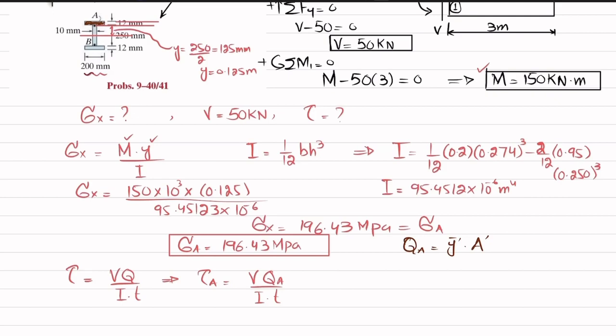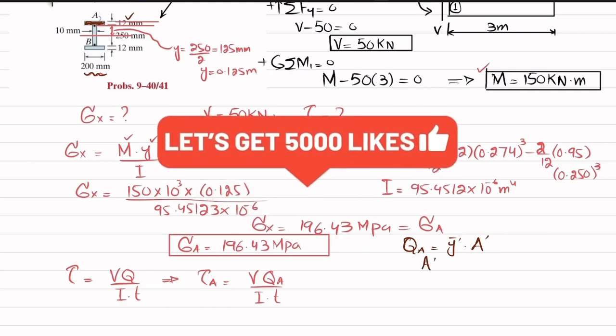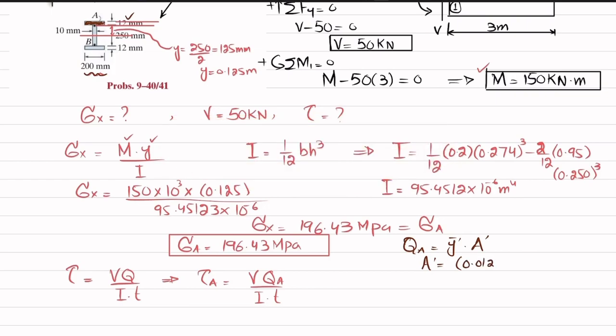So this area is A dash. Its width is 200 millimeter and thickness is 12 millimeter. So first I will calculate A dash. A dash is equal to thickness, which is 0.012, and width is 0.20 meter, which is 200 millimeter, and y dash will be equal to the distance from neutral axis till the mid of this section.